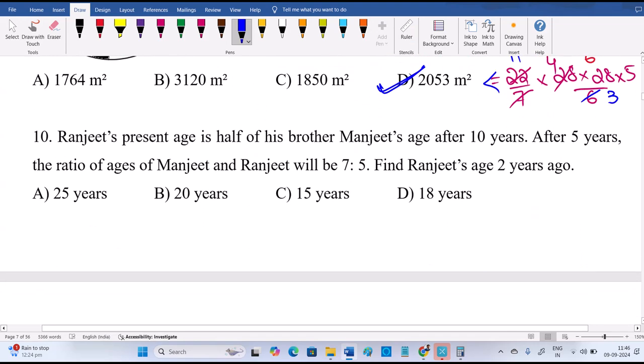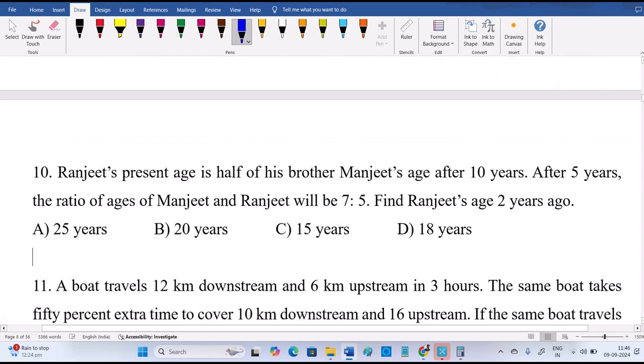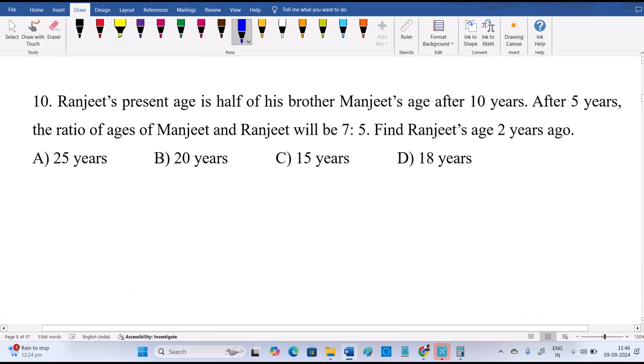And related to ages, you see this question. Ranjit's present age is half of his brother Manjit's age after 10 years. After 5 years, the ratio of ages of Manjit and Ranjit will be 7:5.